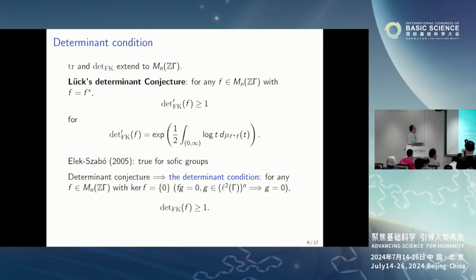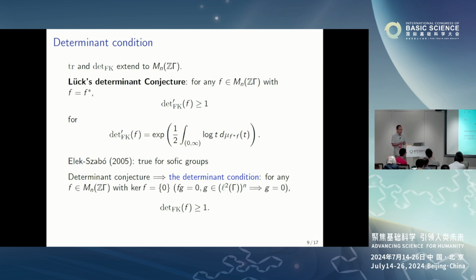Then the determinant conjecture says that if you have a matrix over the integral group ring that is self-adjoint, then this modified determinant is always at least 1. So what is this modified determinant? It's almost the same as the original determinant, except that when we take an integral, we throw away the 0 point. We don't count the 0 point.